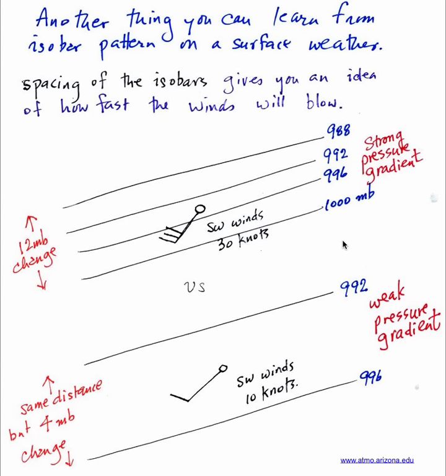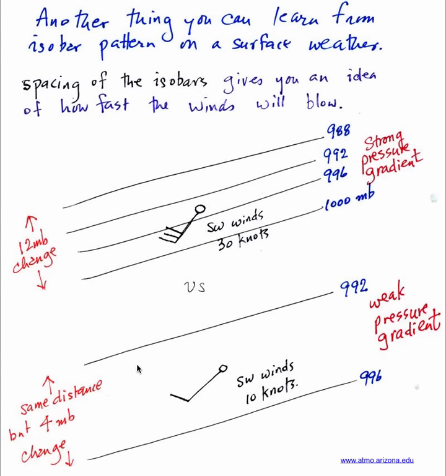So another thing you can learn from isobar patterns on the surface weather map is the spacing. If you think about it as the same distance, here at the bottom we have the same distance as up here on this top picture, and we have a very different change in pressure.